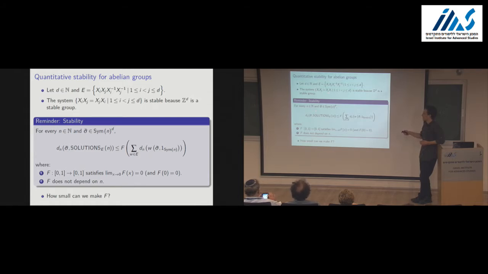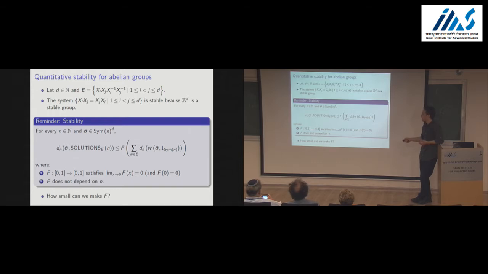This system of equations is stable because there is such an f, this is the definition, such that if I have an almost solution to these equations, a tuple of permutations which almost commute pairwise, then I know that they are close to the space of real commuting permutations.